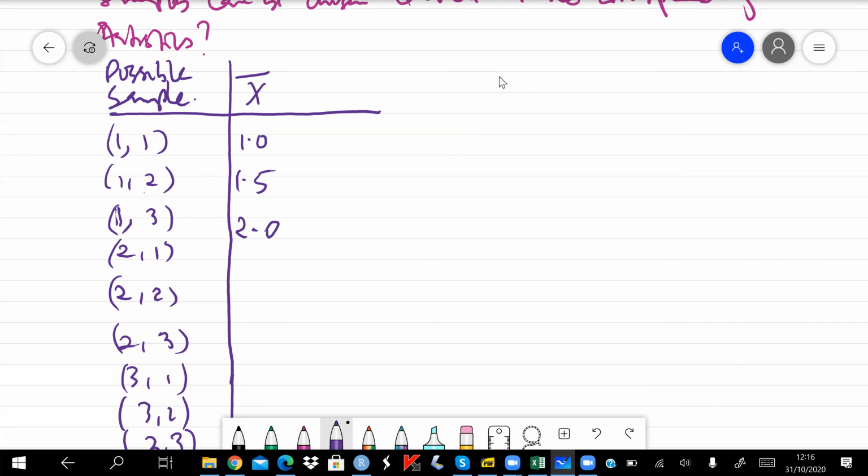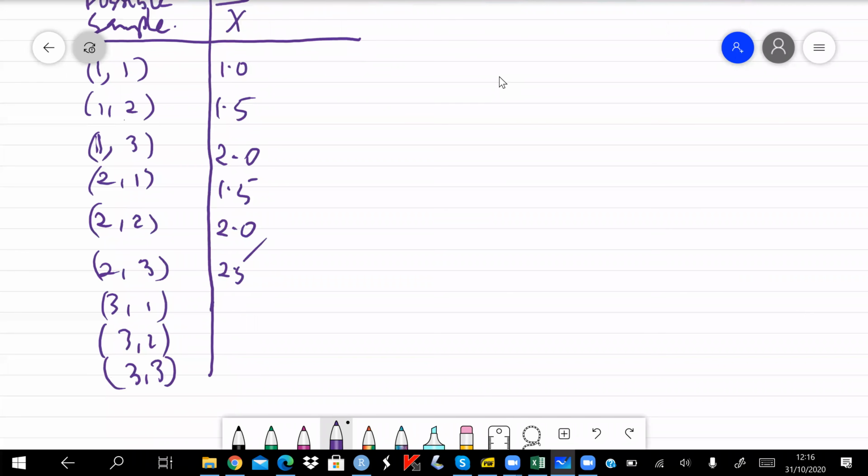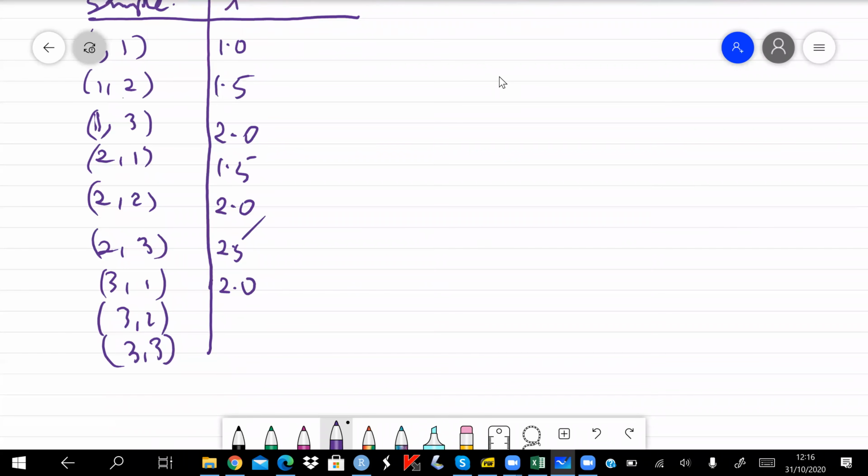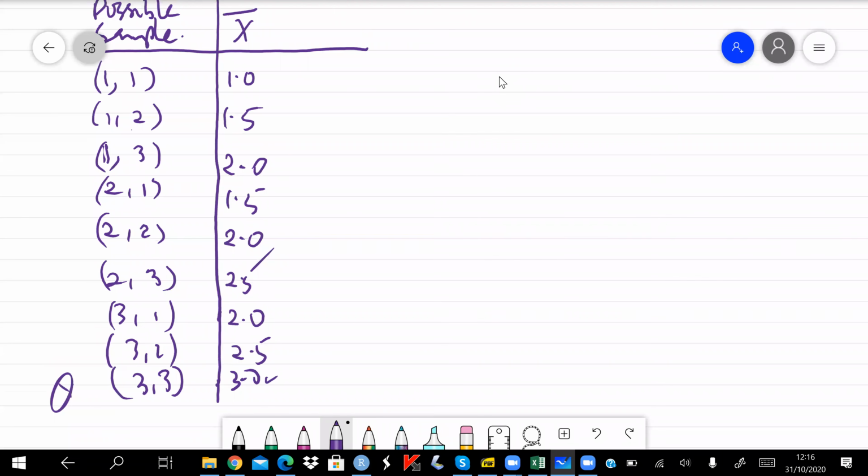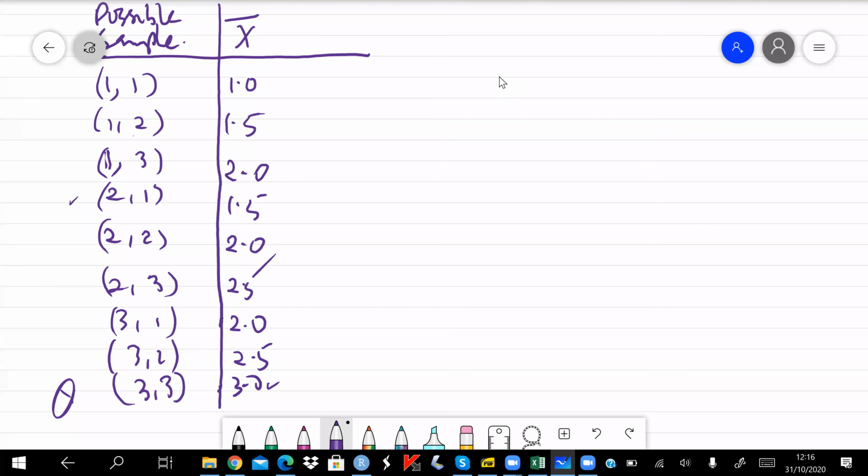So you notice that the value of X bar is changing from one sample to the other. Then here, this will be 1.5, this will be 2.0, this will be 2.5. And this will be 2.0, 2.5, and finally 3.0. So someone who uses this sample will get X bar is 3.0, and someone who uses this sample will find X bar is 1.5.